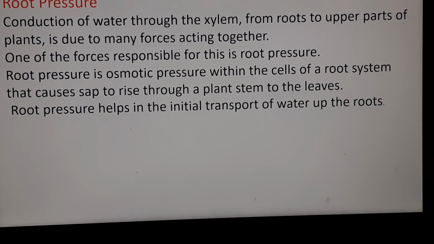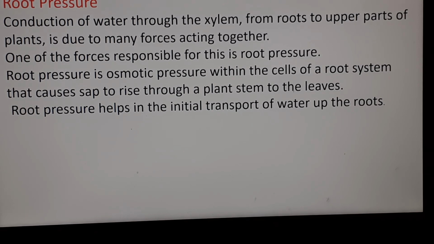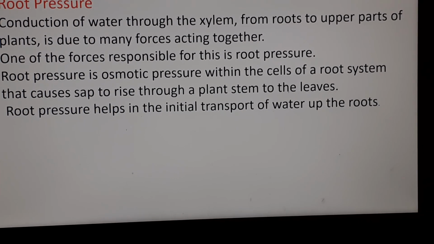The root pressure is the osmotic pressure within the cells of a root system that causes the sap, that means the water, minerals and nutrients in it, to rise through a plant stem to the leaves. Root pressure helps in the initial transport of water up the roots. This root pressure plays an important role.